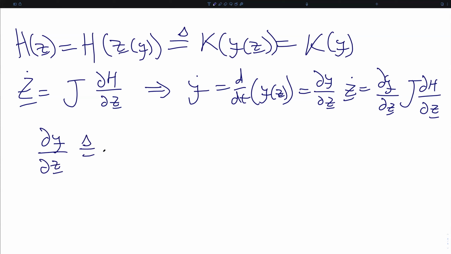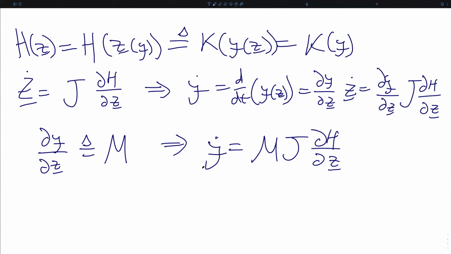Now we are going to define this partial of y with respect to z, this Jacobian, as our matrix M. So in this instance, M is the 2n by 2n Jacobian associated with the transformation of our original coordinates to our new transformed coordinates. And therefore, the time derivative of our new transformed system is this Jacobian M times the symplectic matrix J times the partial of the original Hamiltonian with respect to the original state vector.